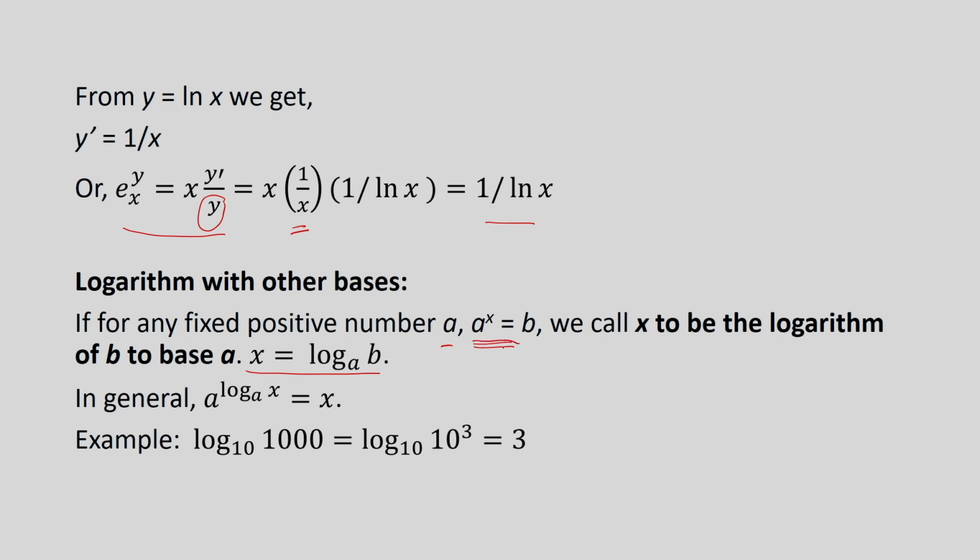So, a to the power log of x base a is equal to x. Here are some examples. Suppose you have log of 1000 base 10. Then you can express 1000 as 10 to the power 3, and this will become simply equal to 3, because 3 will come in front and log 10 base 10 is equal to 1.